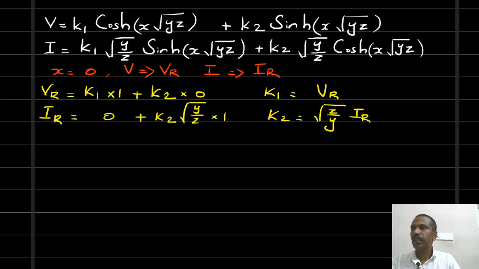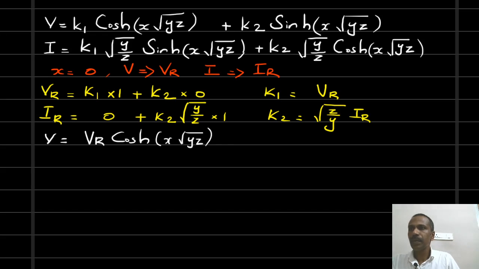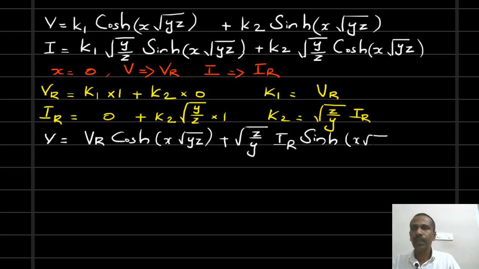If we substitute these values in the voltage and current equation, V equals VR into cosh(x into root of yz) plus K2 into sinh, K2 is equal to root of z by y into IR into sinh(x into root of yz).